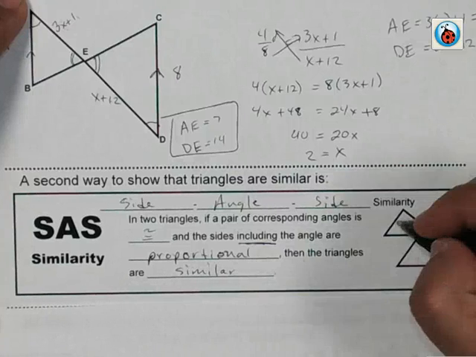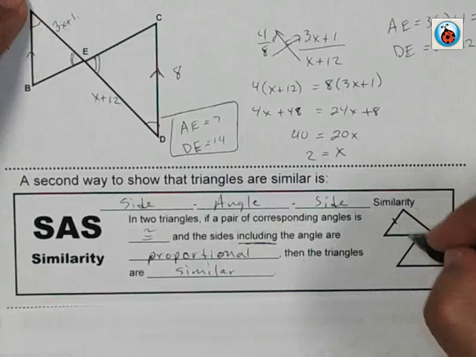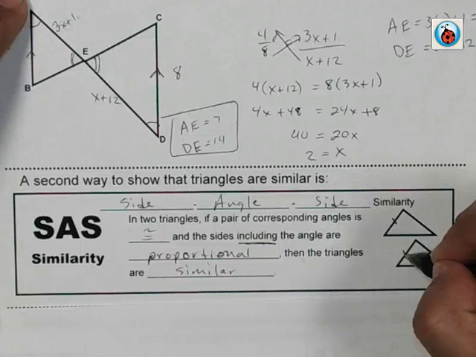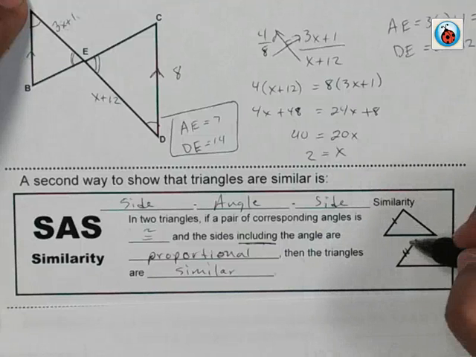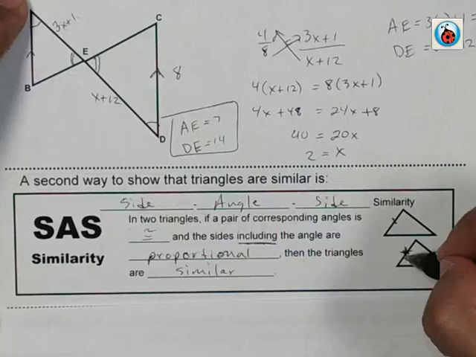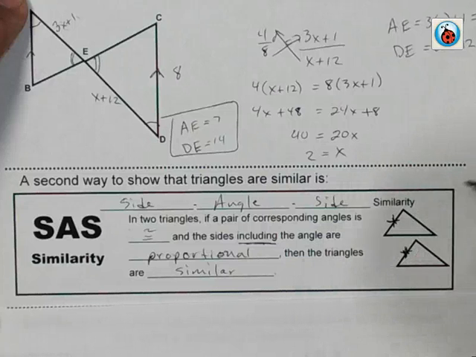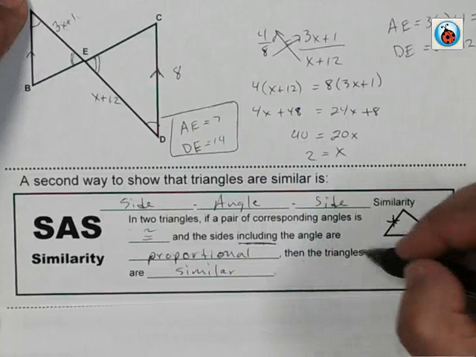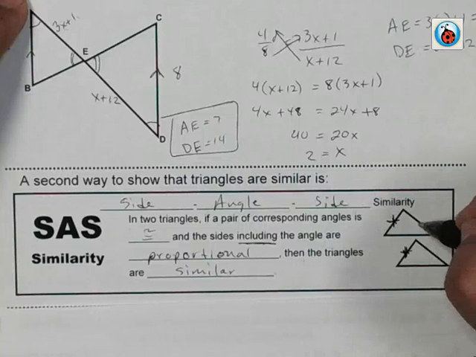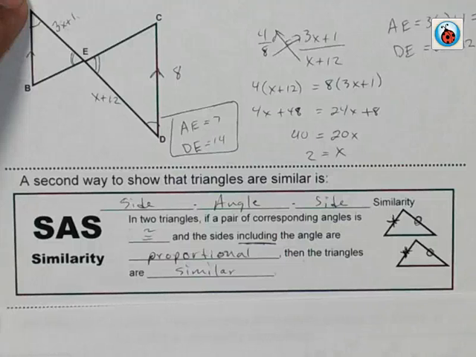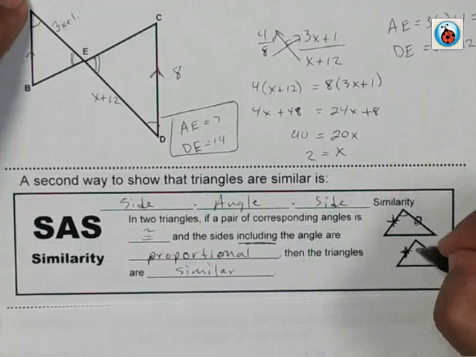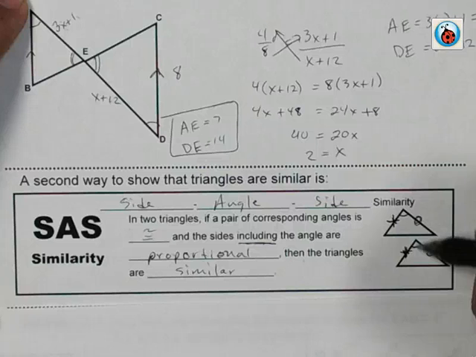So if this side corresponds to this side, and this side corresponds to this side, and the included angle between them is equal in both triangles, then the triangles are similar.